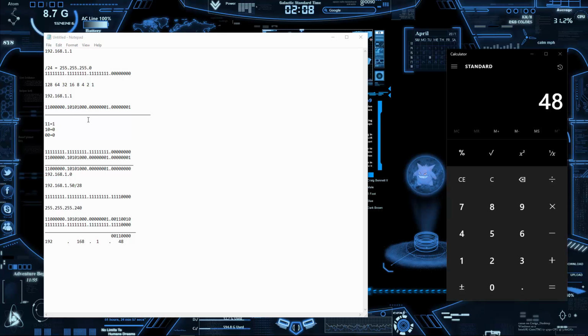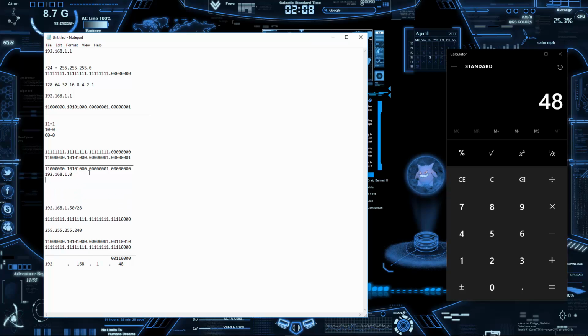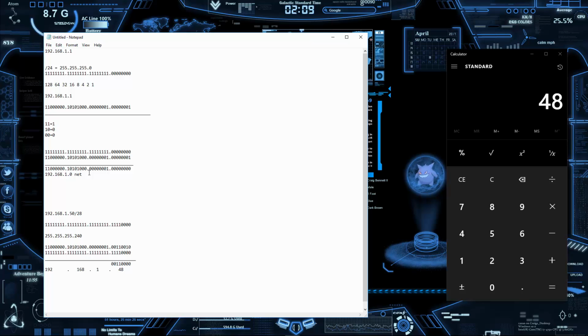What we need to know is, what does this mean for network versus broadcast? Let's go with the first example, because I almost forgot this. Go with this right here. This is the network number. It's the first number, so we're just going to mark it net.